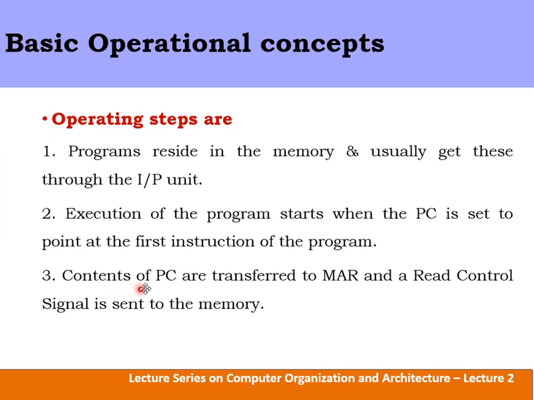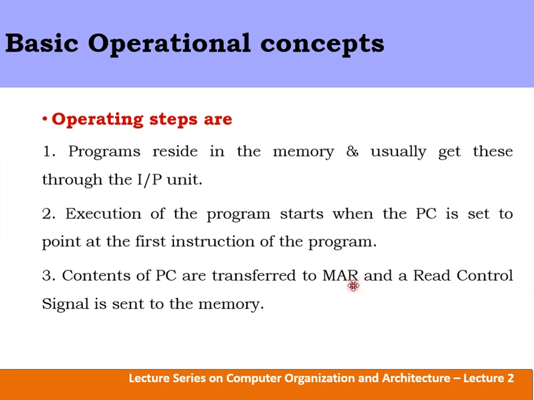Now the contents of the program counter are transferred to the MAR. What is MAR? It is the memory address register. I told you that the program counter and the memory address register are similar, as both hold the address of the instruction that needs to be fetched from the memory. So the program counter contents are transferred to the memory address register.